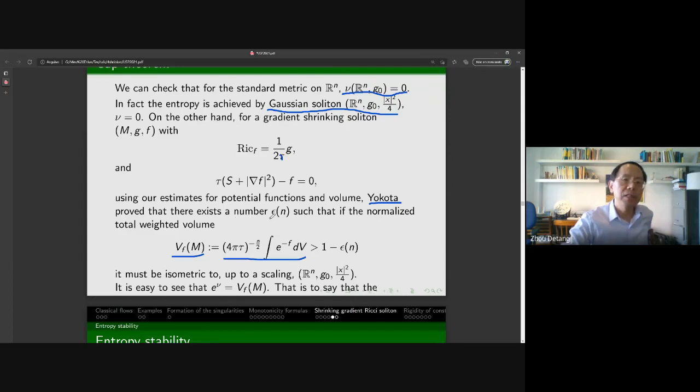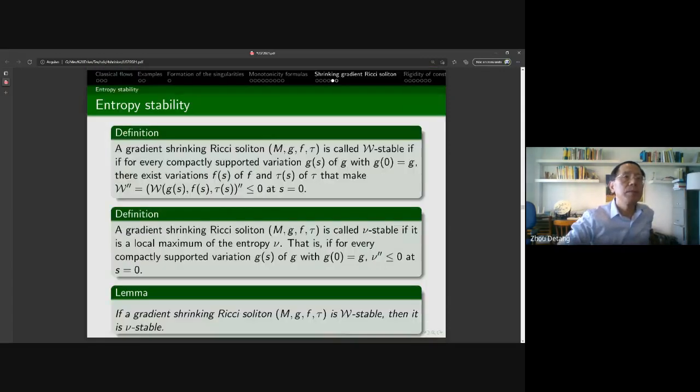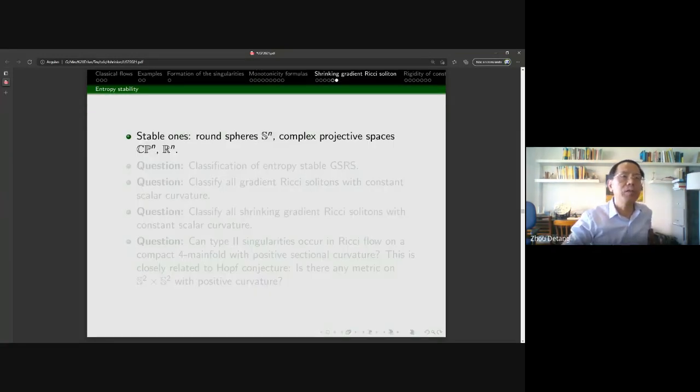So he proved that there is a constant epsilon_n, only depending on n, such that if this is bigger than 1 minus epsilon_n, then it must be a shrinking soliton. I need to be a little bit quick, so I think I need to skip this one. Of course, I wanted to explain the entropy stability, but I don't have time. I want to go further.